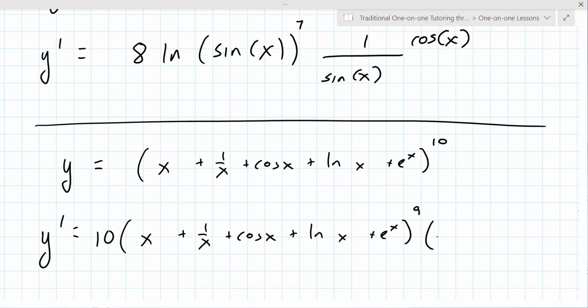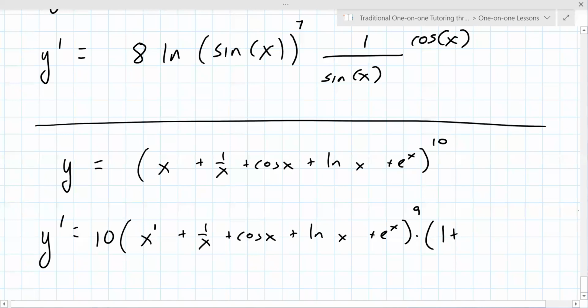Okay, then times the derivative of x. It's 1.